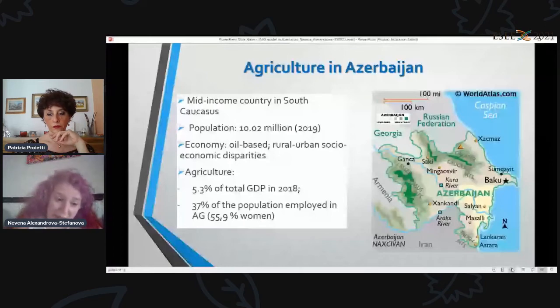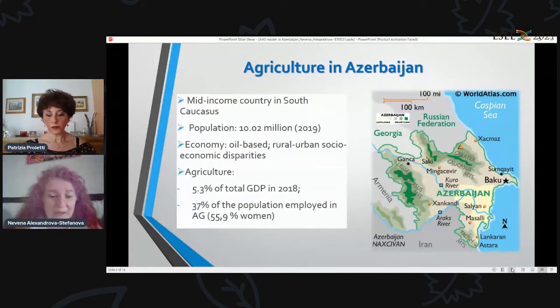In addition, it is a significant sector in Azerbaijan because it's responsible for the employment of 37% of the population, of which around 56% in the agriculture sector are women.